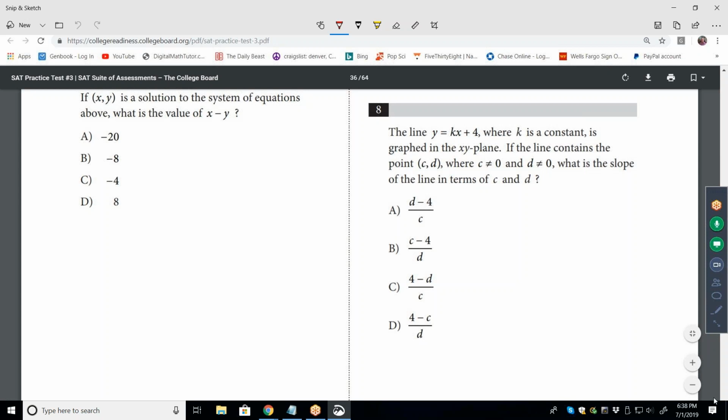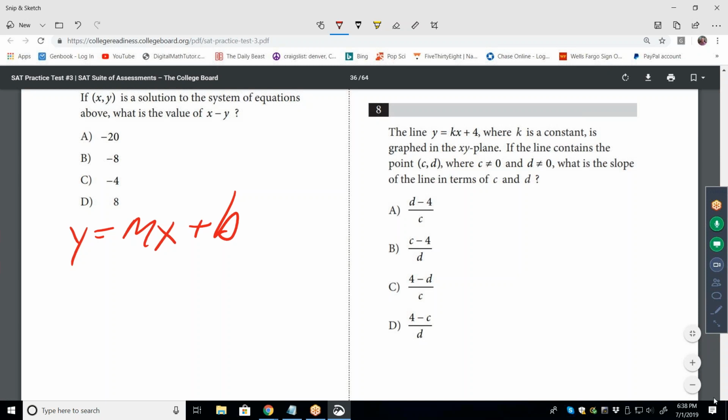So when you have a linear equation that's just got x to the 1, that's a straight line. What's the normal equation of a straight line that you've learned? Okay, well this is close to that. m is k and b is 4, right?